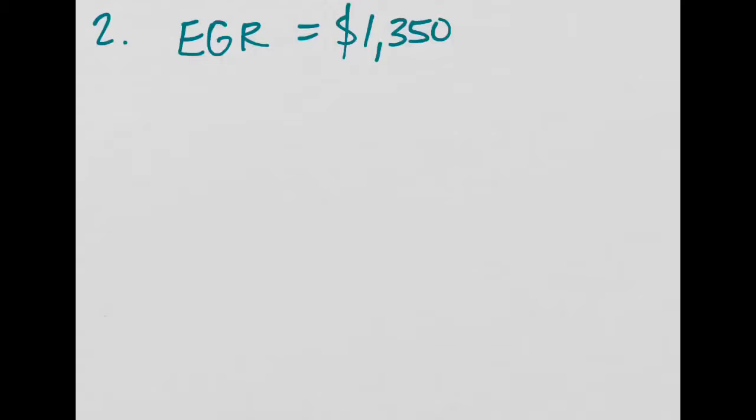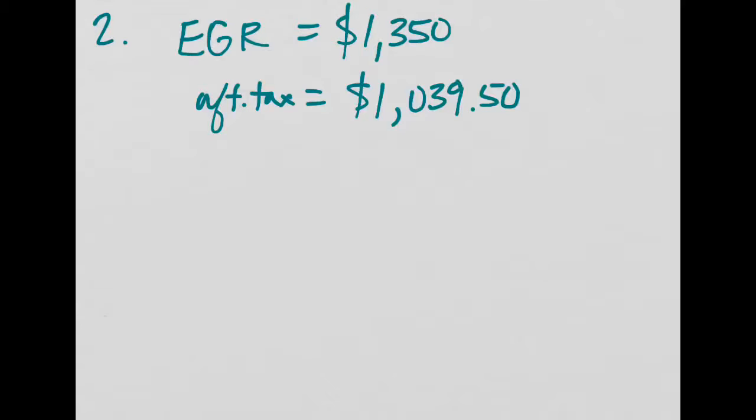Okay. Once we multiply that by our marginal tax rate as a decimal, so 0.23, our expected after-tax return is, now again, it should always be less. If your second number is larger than your first one, you did something wrong, go back and check. Because we have to give the government some money, they're not giving us some. All right, $1,039.50. Again, if you are just ever so slightly off for some of these for a penny or something like that, it might be a rounding thing, so that's all right.